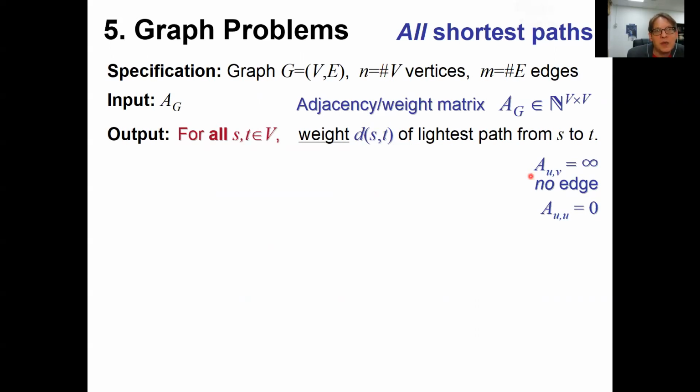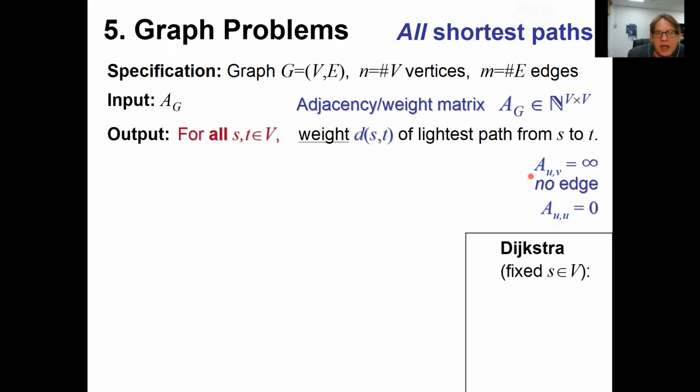Then we've discussed calculating shortest path length from a given start vertex S to all target vertices T, which is also solved by Dijkstra's algorithm at no additional cost. And now we want to consider the final variant where the algorithm is supposed to produce all shortest paths for all possible pairs S and T, which we can solve by repeatedly running Dijkstra's algorithm.